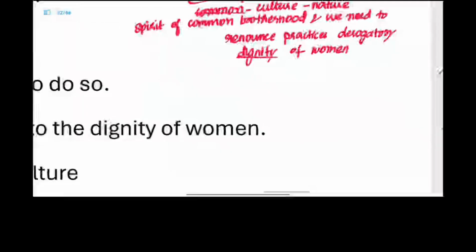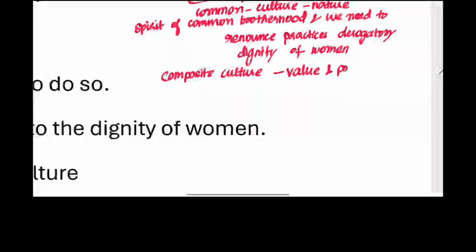Then culture, right? It is a composite culture. We need to value and preserve the rich heritage of our composite culture.